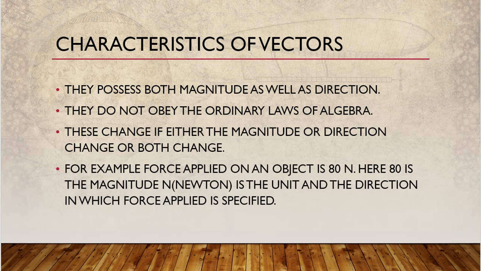If I change the direction from south to north, then the value of the vector changes. If both the magnitude and direction are changed, then also the vector is changed. These are the three characteristics of vectors.